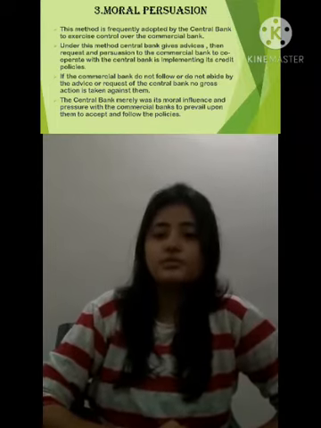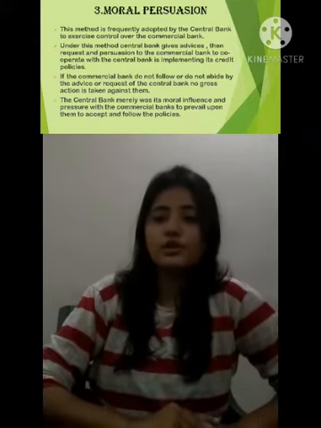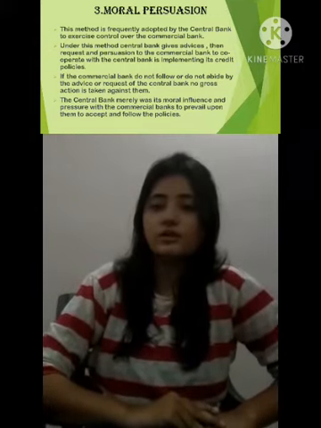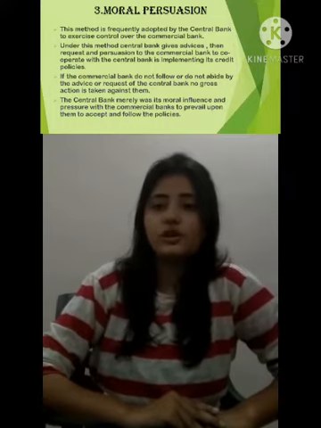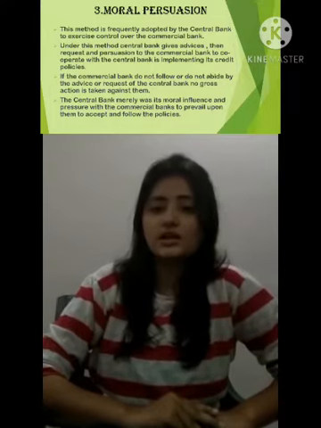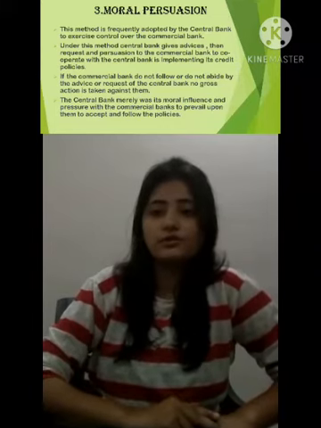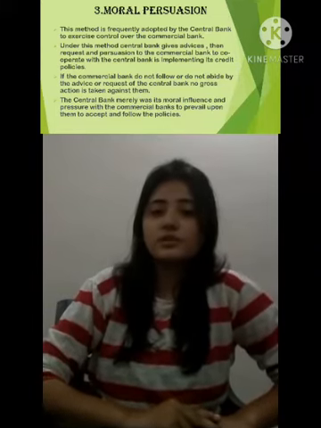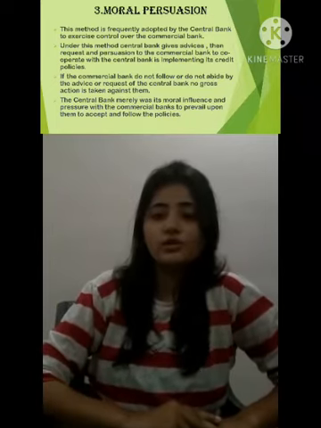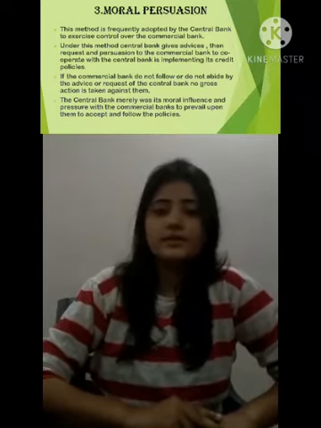If the commercial banks do not abide by the advice or request of the central bank, no gross action is taken against them. The central bank merely uses its moral influence and pressure with the commercial banks to prevail upon them to accept and follow the policy.